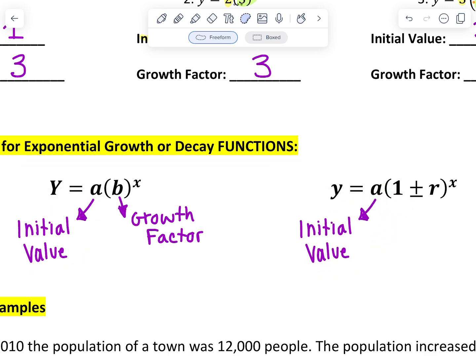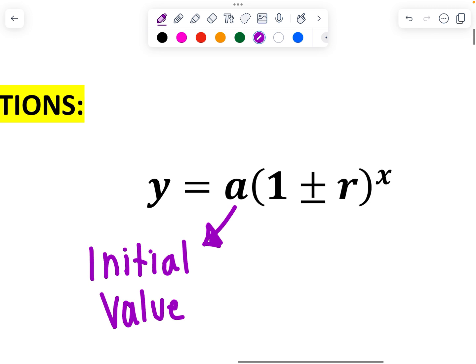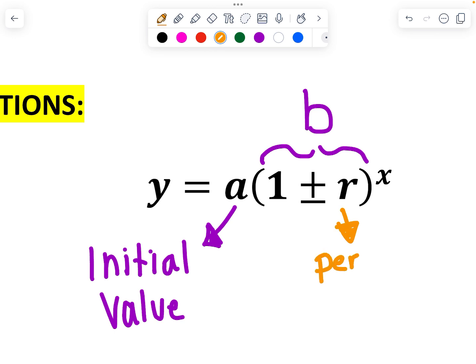But now our b, which is this whole parenthesis, still represents b. But to get that number, you have to do 1 plus or minus, depending on if you're adding or subtracting, by this percent rate of change.